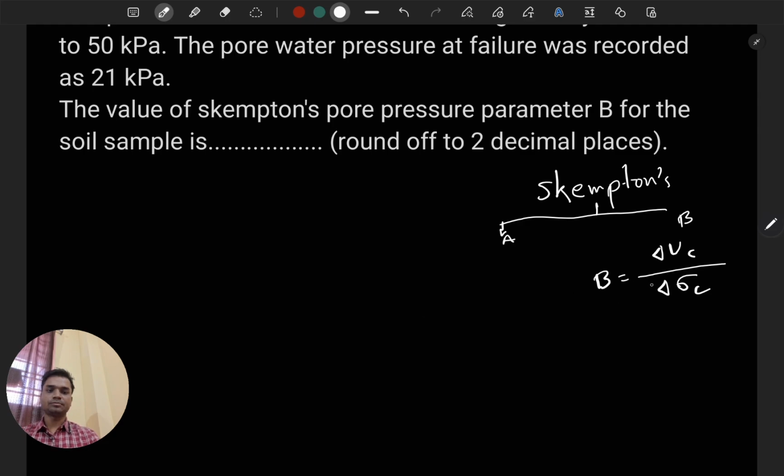For saturated soil, B is equal to 1. For dry soil, B is equal to 0. This is the basic thing regarding the Skempton B parameter.